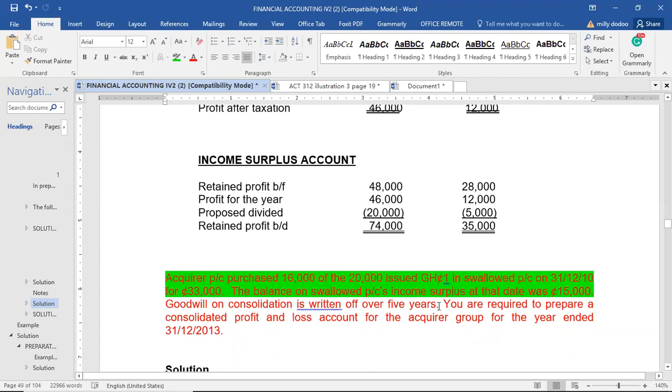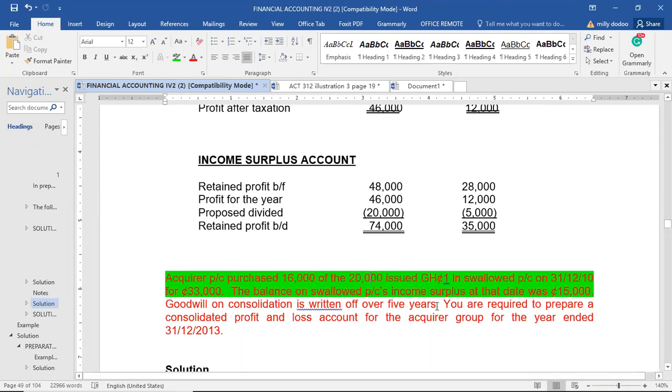But I want you to put in your notes that we are assuming that goodwill has been fully written off. So let's start with that, so that as time goes on you'll get the understanding, you will now go to the 5 years written off. Then you are required to prepare the consolidated income statement for the group.